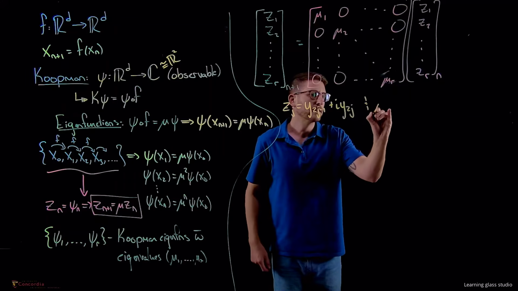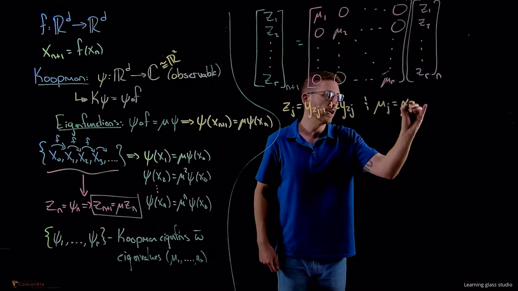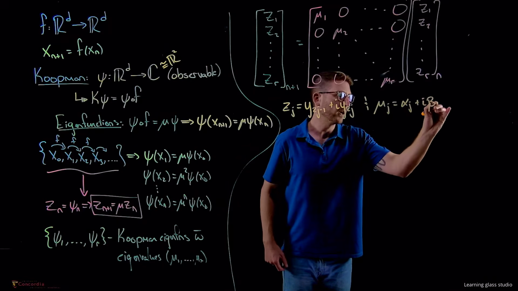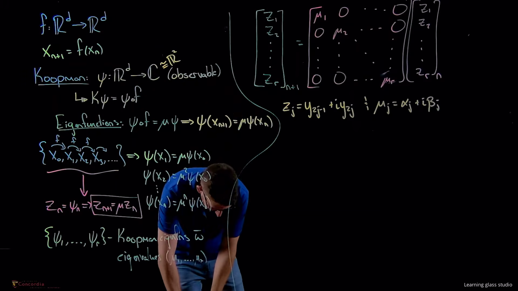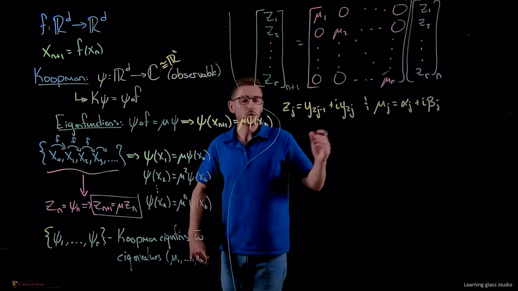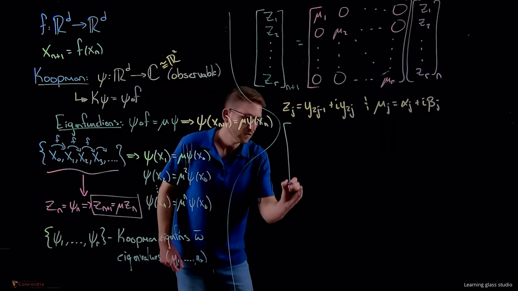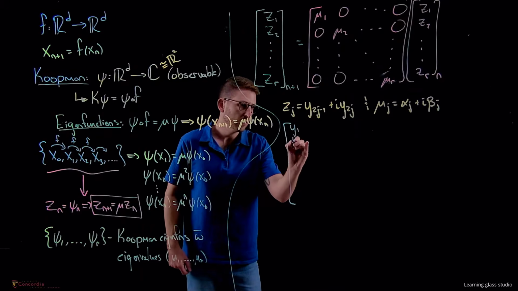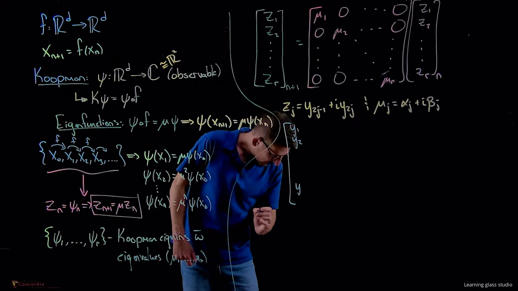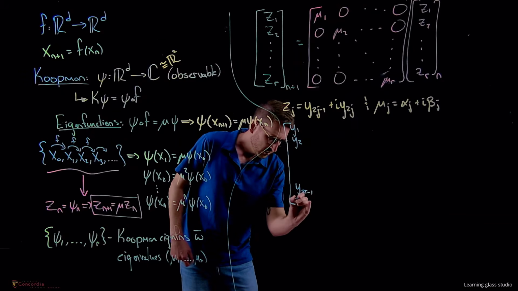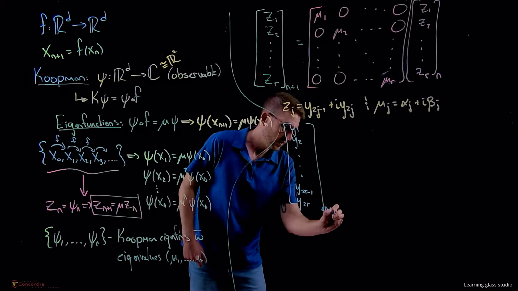And let each corresponding eigenvalue be alpha j plus i beta j. And so now, if you do this, you get a 2r dimensional system. So this becomes y1, y2, all the way to y 2r minus 1, y 2r, at time n plus 1.